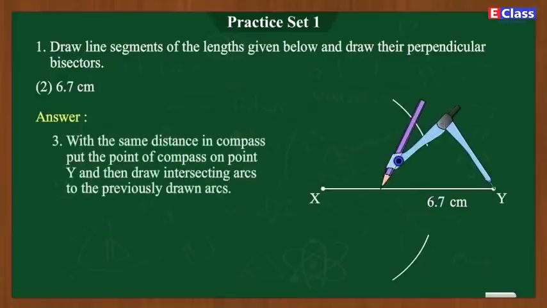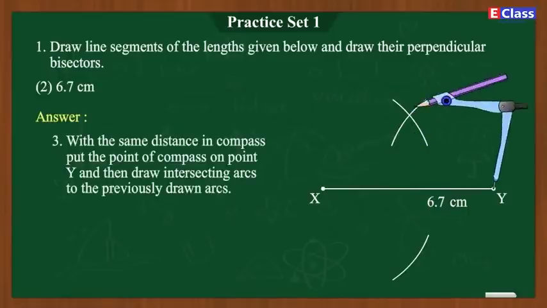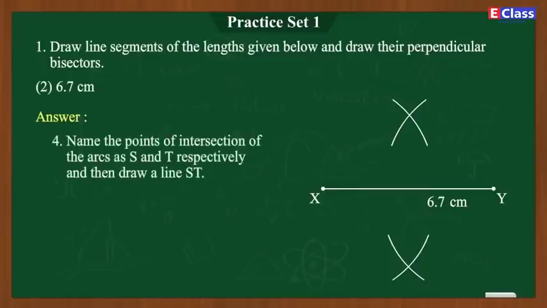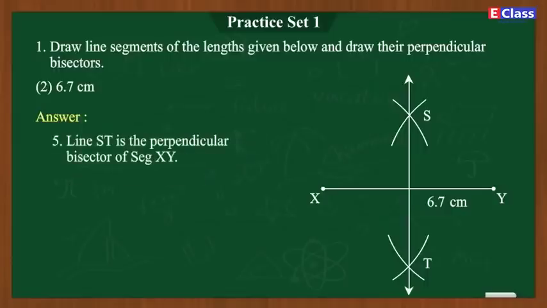With the same distance in compass, put the point of compass on point Y, and then draw arcs intersecting the previously drawn arcs. 4. Name the points of intersection of the arcs as S and T respectively, and then draw a line ST. 5. Line ST is the perpendicular bisector of segment XY.